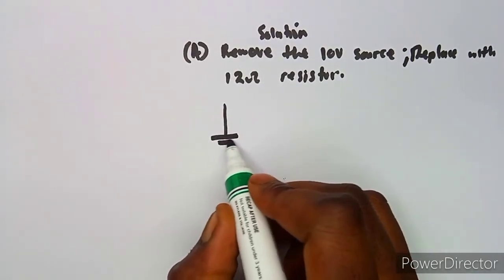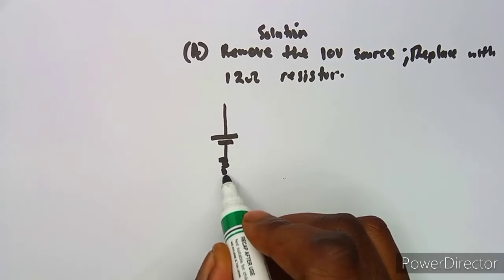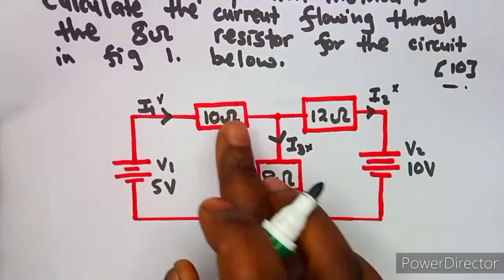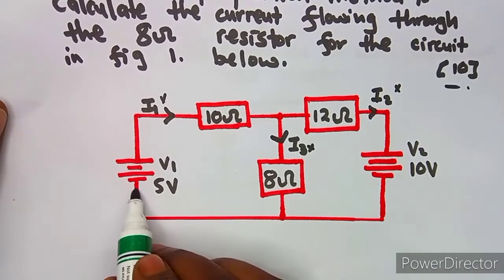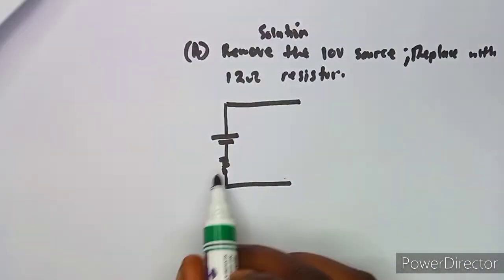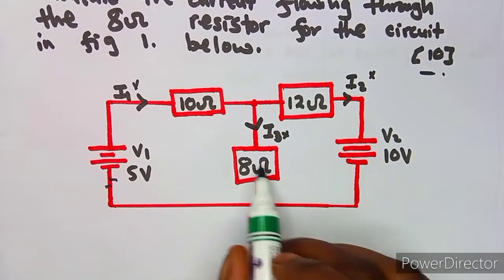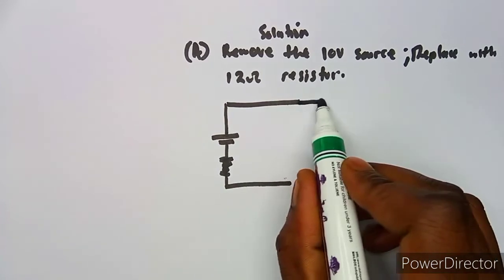I'm just going to put it in a simpler way so that we can understand what is happening here. This resistor here, I've just taken it down to put it here. It's one and the same thing. Then we've got this resistor of 8 ohms.